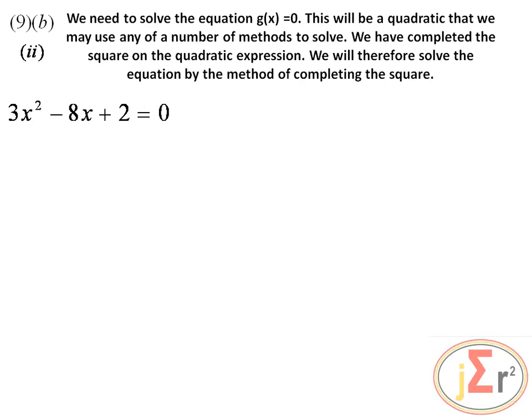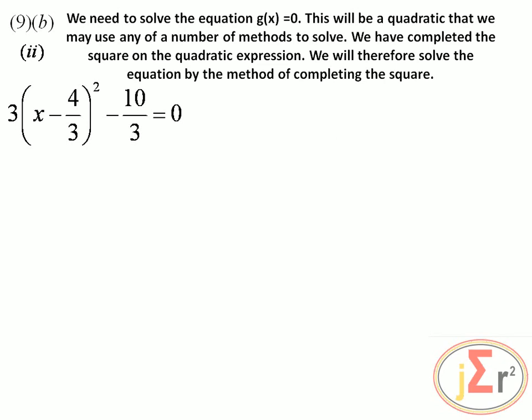Doubtful that this expression will be easily factorized. Because it is not so easily factorized, then we may use the quadratic formula, or we may use completing the square. But we have the completed square already, so we will solve by completing the square. That is the completed square. Let us solve.